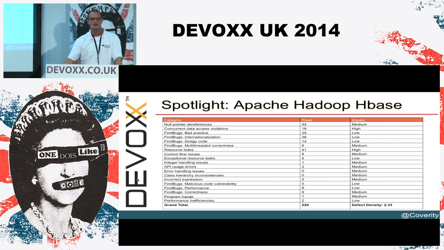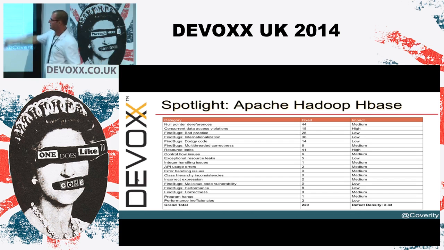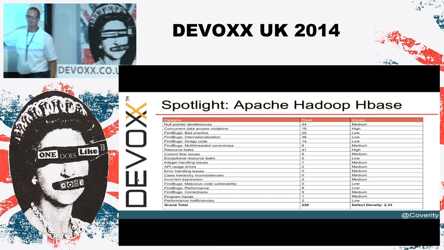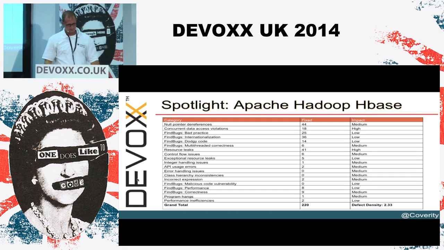What's interesting is they tell us they've been focusing on these crash-causing and significantly performance-impacting defects before they ever get to the dodgy code and the internationalization and just general best practices. Of the Coverity issues, they have fixed all of the exceptional resource leaks. In all cases, these were leaks of system resources that cannot be automatically garbage collected and would have caused a progressive decline in the performance of the database backend.